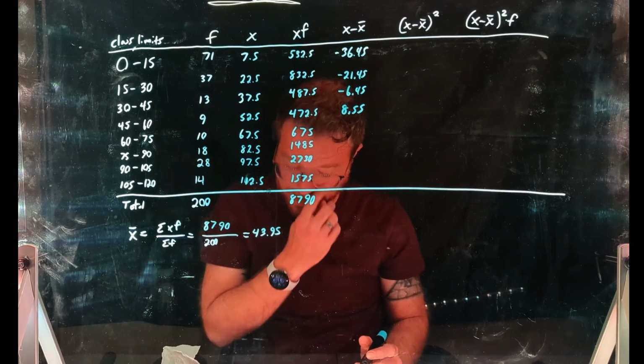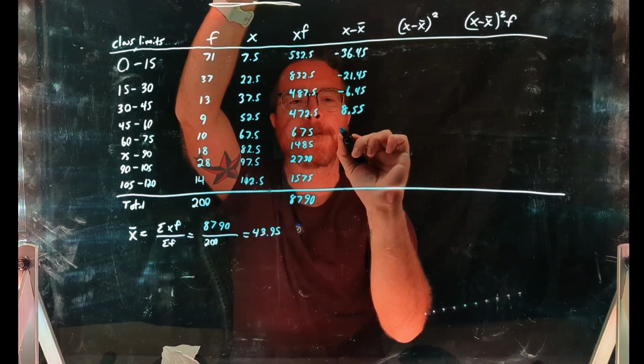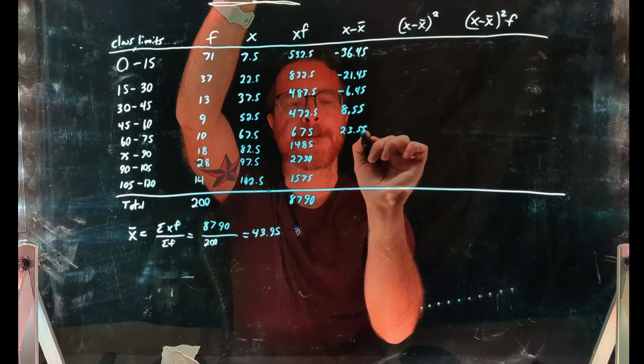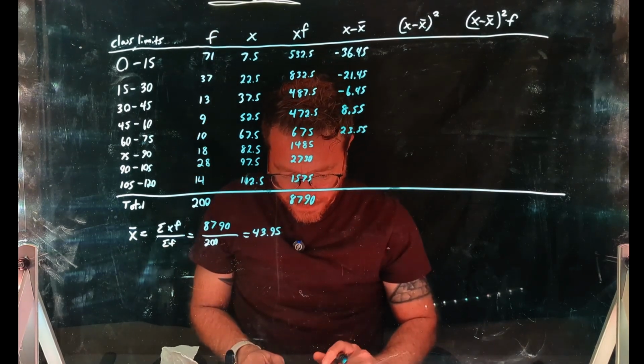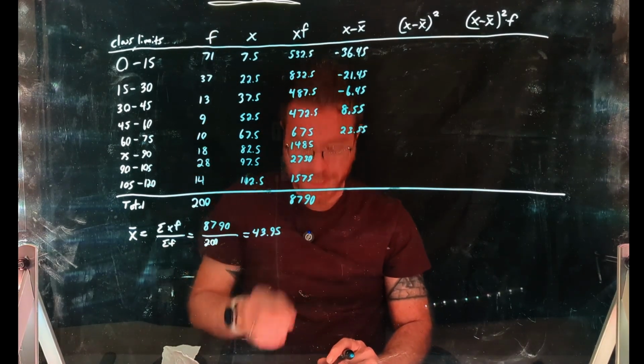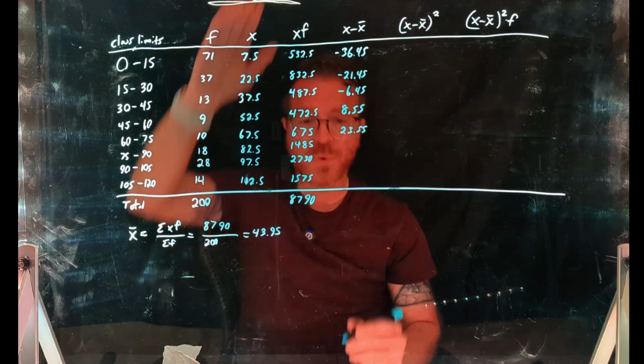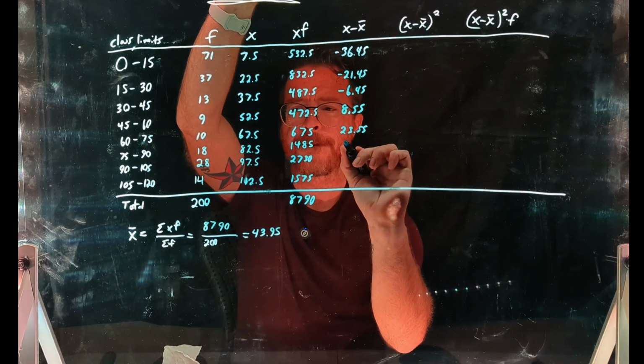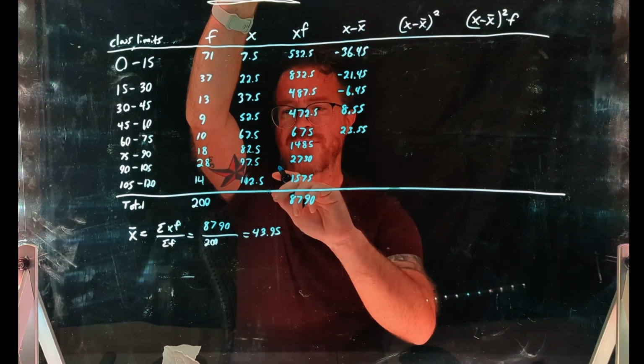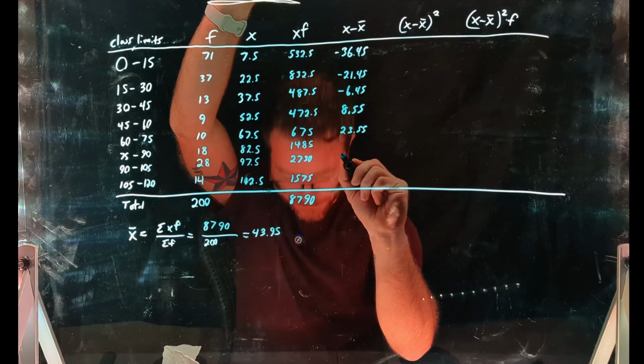And I'm going to get 23.55. Next one, I'm going to do the same thing for my 97.5. And I'm going to get 53.55. Oh, I forgot my 82.5. 82.5, so give me a second.